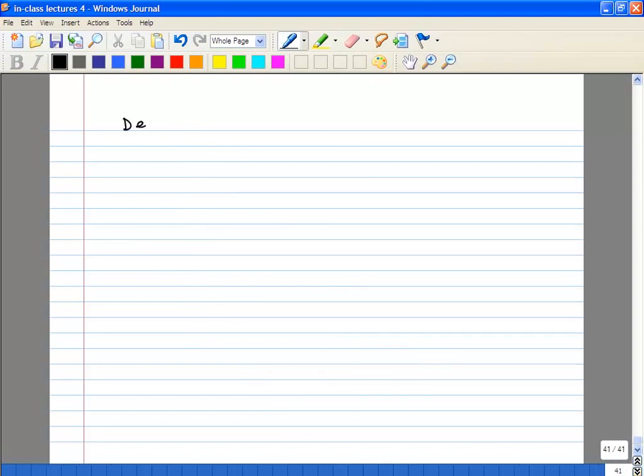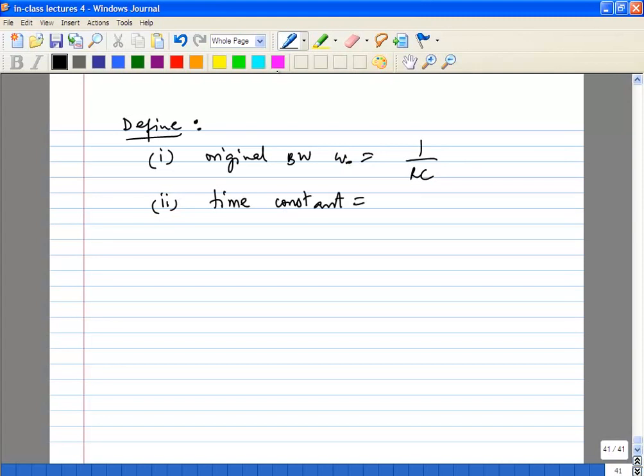So, we are going to define the following. First of all, the original bandwidth is 1 over RC. We are going to define a time constant tau, which is RC.